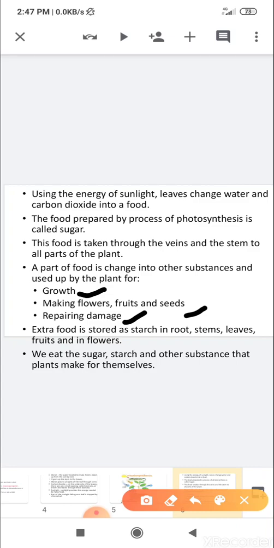Then the food that remains is stored as starch in root, stem, leaves, fruits and flowers. Then we eat the sugar, starch and other substances that plants make for themselves.